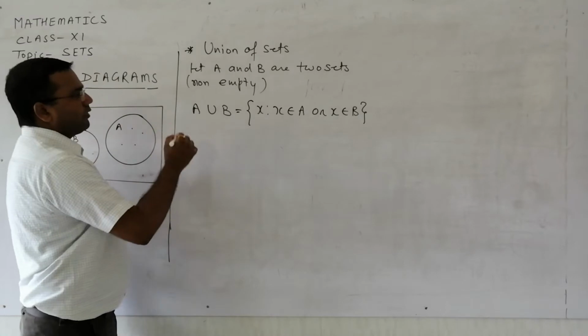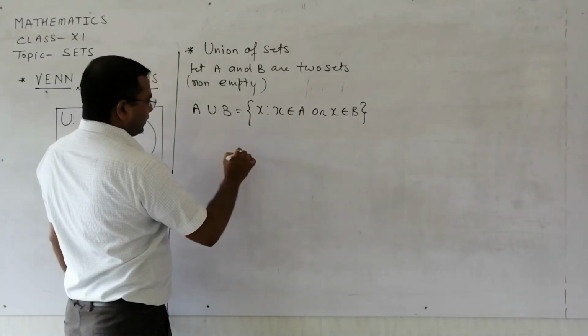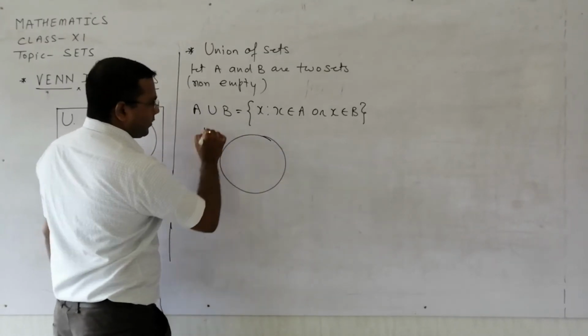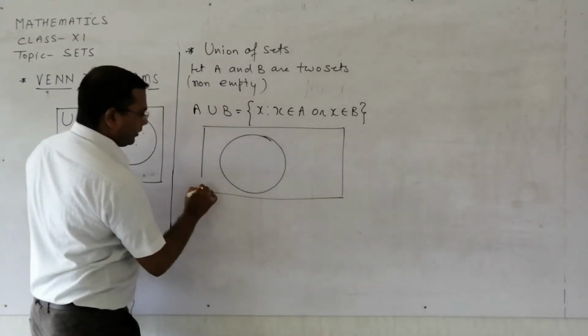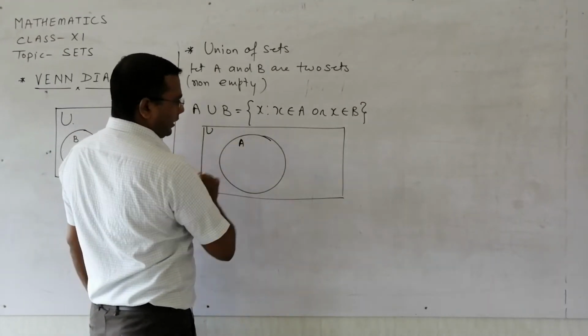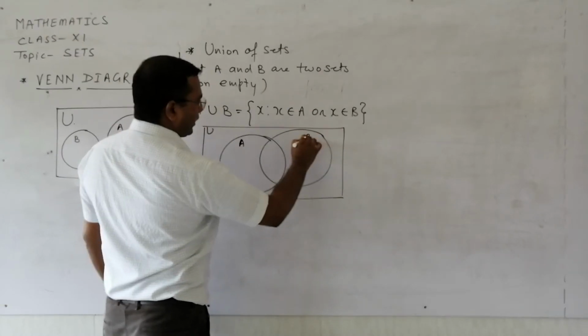See now how we will represent this using the Venn diagram. Suppose U is the universal set. There is set A, I am taking this, and there is another set B, I am taking here.